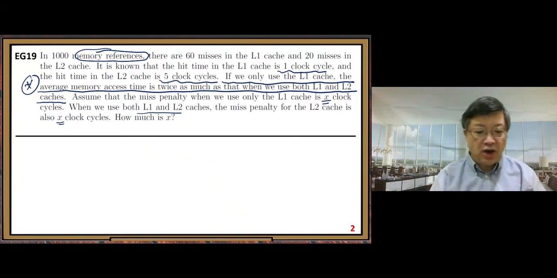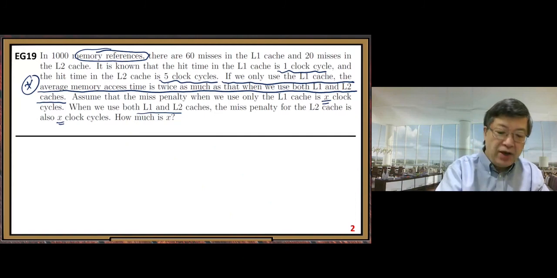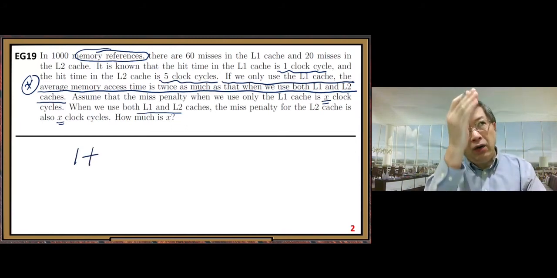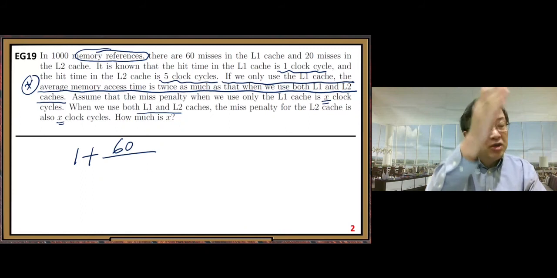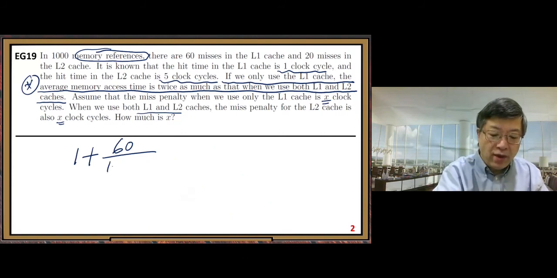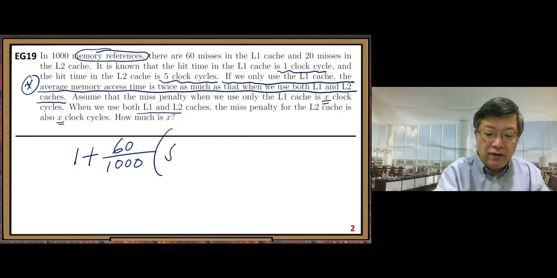All right, so let's start. Only using L1 cache, the left-hand side: T1 hit time, that's 1, plus the L1 miss rate. Number of L1 misses, that's 60, over 1,000 memory references, so the denominator is 1,000.